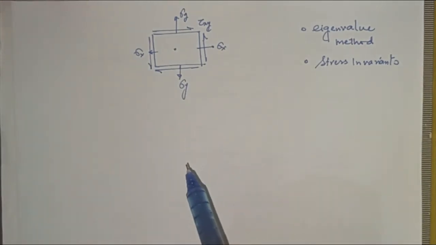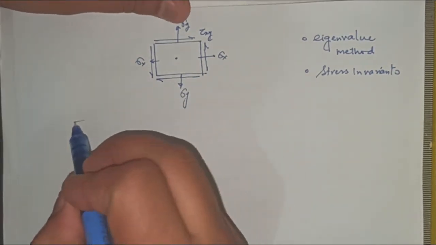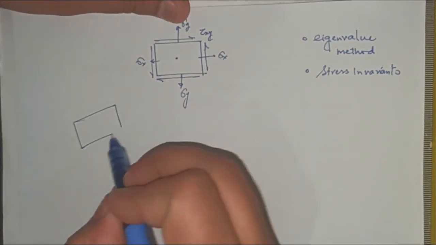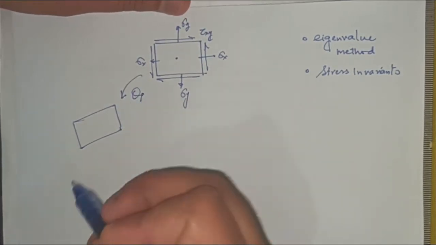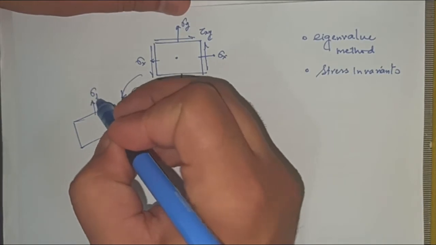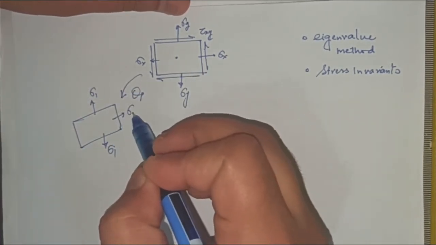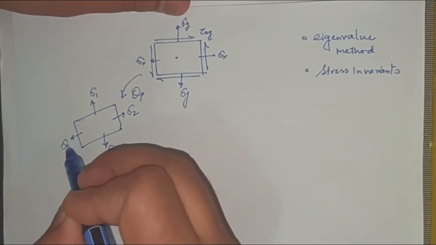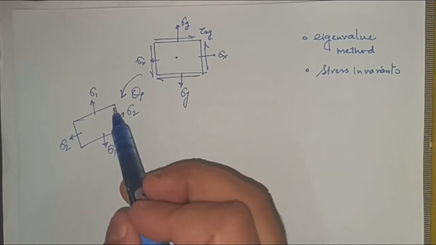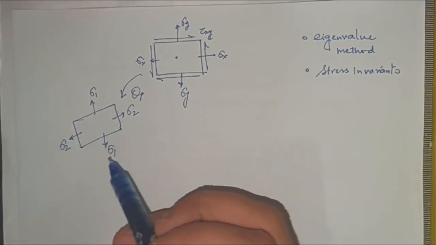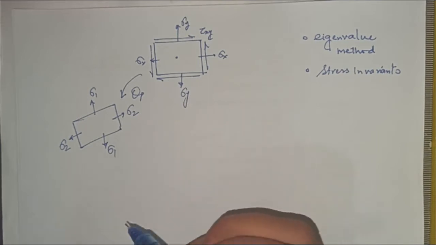Further, it is also known that the values of the shear stresses are 0 on the principal plane. If this is rotated with respect to the principal plane, then there exist only the normal stresses sigma 1, sigma 2, and there are no shear stresses on the principal plane.